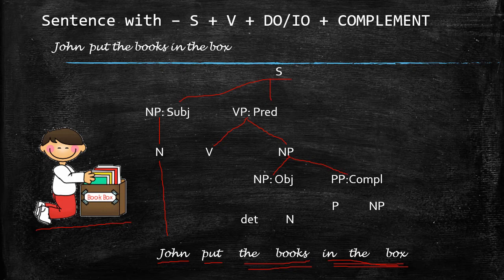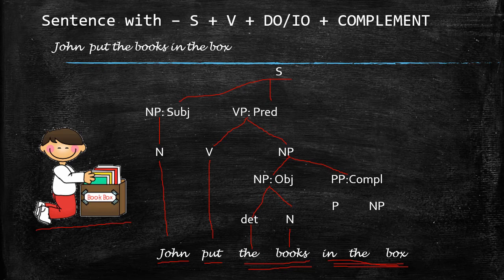Okay, we go here first. After verb, we just put a line into put, and after that you make a line into the NP. The NP as an object, we have two words, the and books. The is determiner, so we make a line like this, and books is noun.